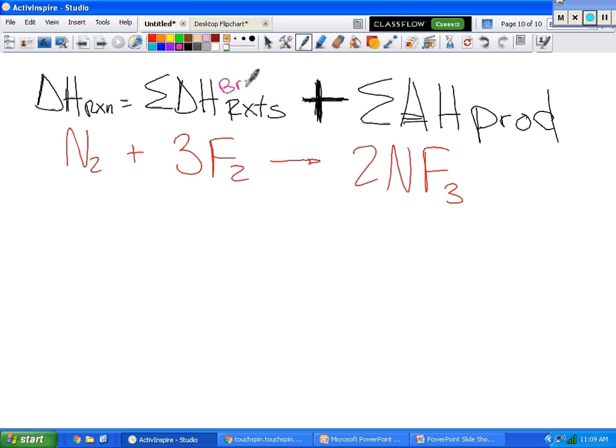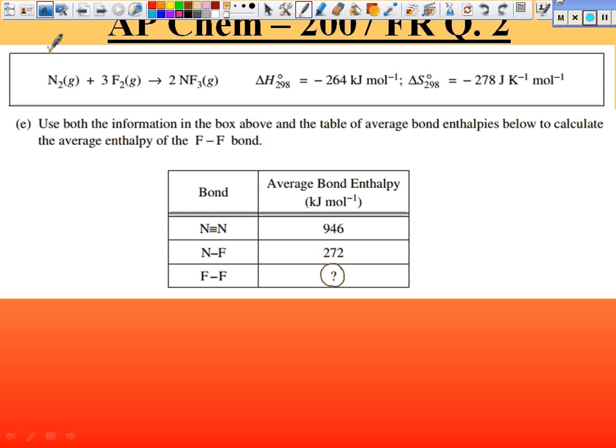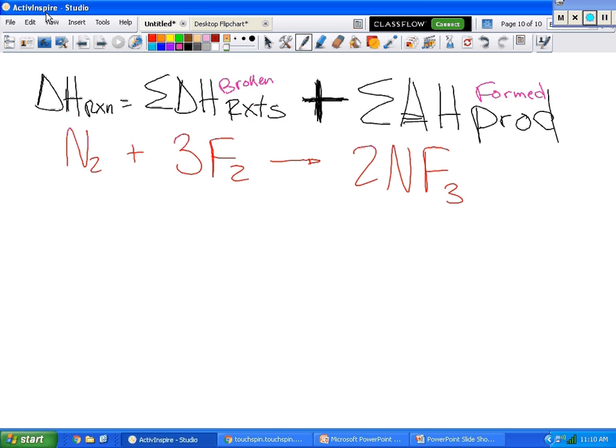So using our box, we've got an NN triple bond, an NF bond, and an FF single bond. Let's look at our reactants. What type of bond from that chart would you have to use right here? Very good, N triple bond.